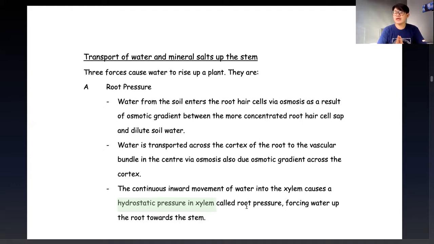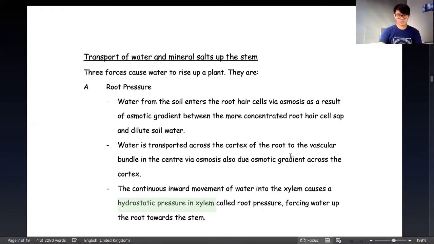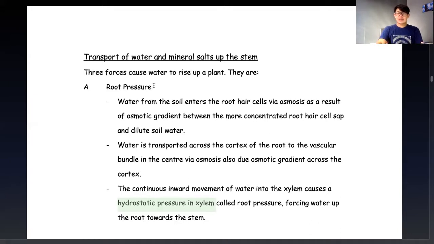So the only way they can go is up. Of course, it's not like they are climbing up, but it's like they are being squished and then suddenly pushed upwards. So that is the basis for root pressure.